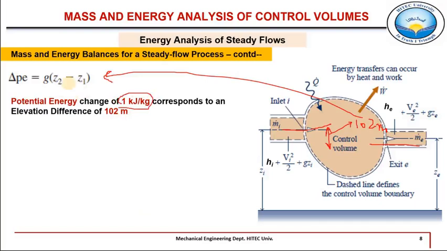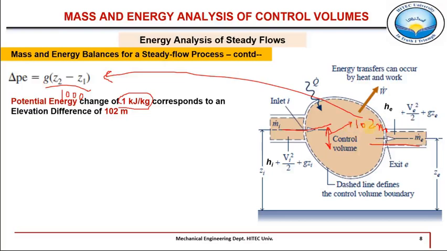If you put Z2 minus Z1 as 102 multiplied by 9.81 divided by 1000 to convert it into kilojoules per kilogram, it again comes out to be 1 kilojoules per kilogram. In most thermodynamic devices like steam turbines, pumps or compressors, this change in height from inlet to exit is normally less than 100 meters.